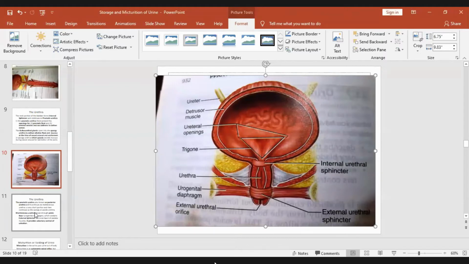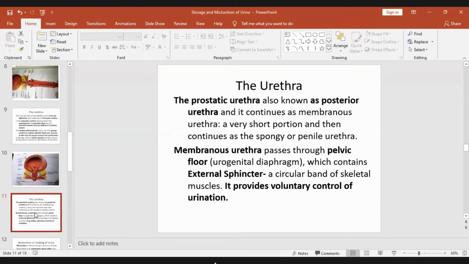The prostatic urethra is also known as the posterior urethra, and it contains the membranous urethra, a very short portion, and continues as the spongy urethra. The membranous urethra passes through the pelvic floor, which contains the external sphincter, circular muscles, providing voluntary control of urination.